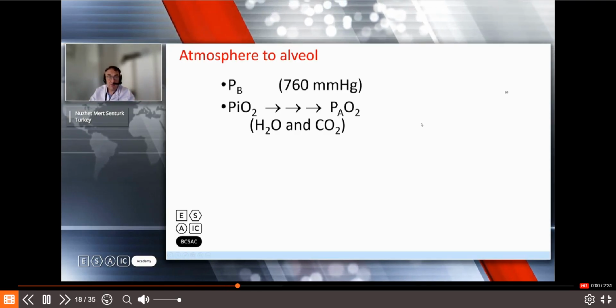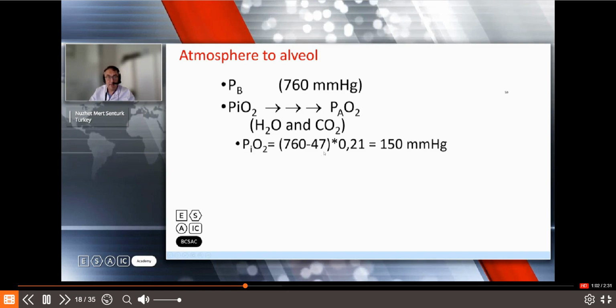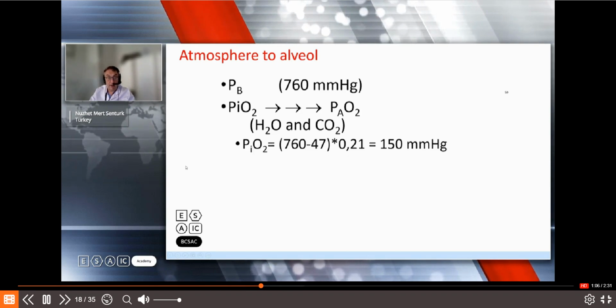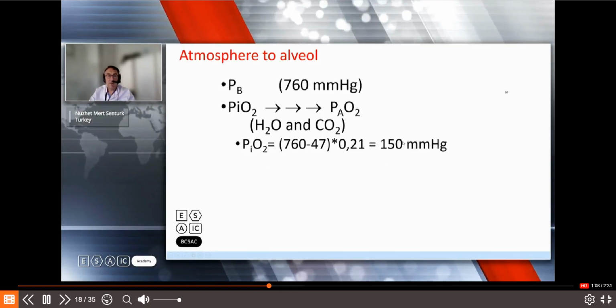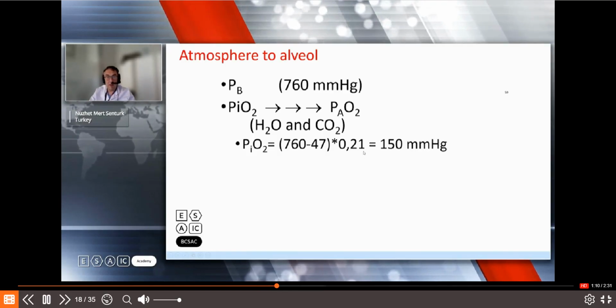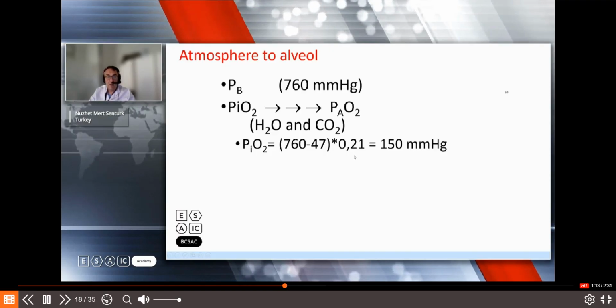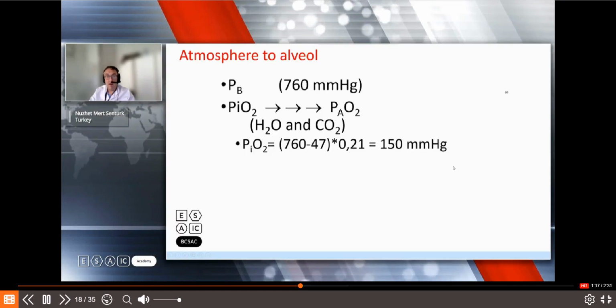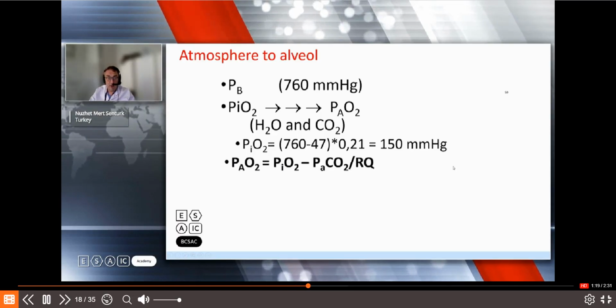And therefore, we first have to subtract the water pressure, which is 47. And then we multiply it with the FiO2, which in room air is 0.21. And we would have approximately an inspiratory oxygen pressure of 150 millimeters of mercury.